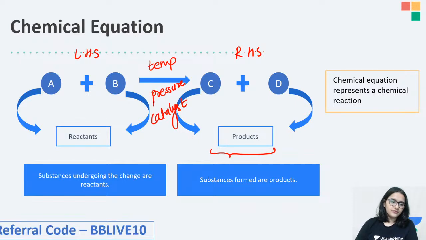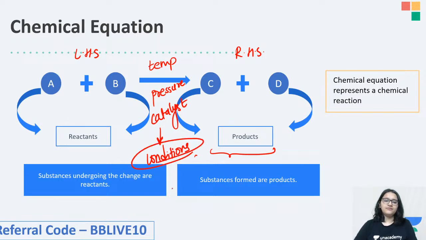On the left hand side of the arrow you have the reactants, on the right hand side you have the products, and above and below the arrow you have the conditions required for the reaction to happen. Okay, clear?